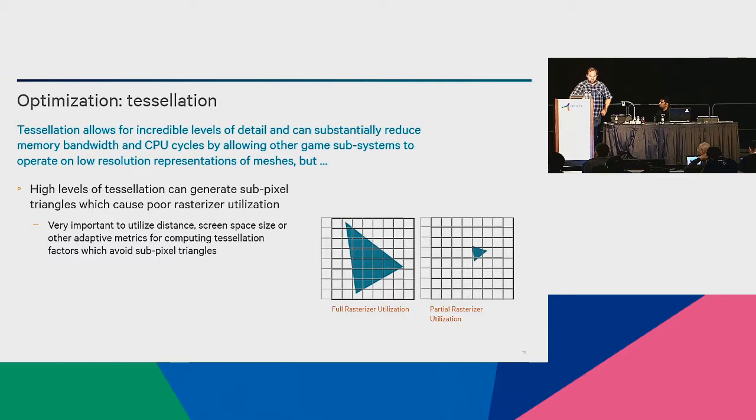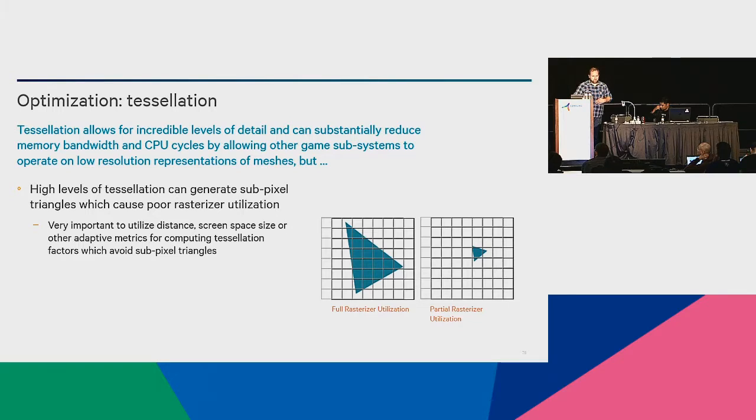If you've worked in the console or PC space, you're probably familiar with tessellation. Tessellation gives you the ability to substantially reduce your memory bandwidth and CPU cycles by sending smaller data than will actually be rendered. Additional geometry gets created as part of the tessellation stage. So it adds a bunch of visual detail and quality without requiring huge models and huge processing.